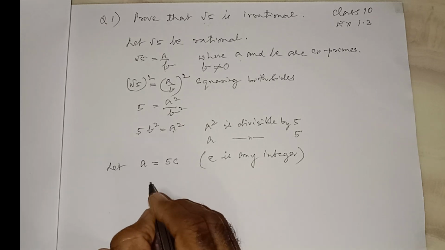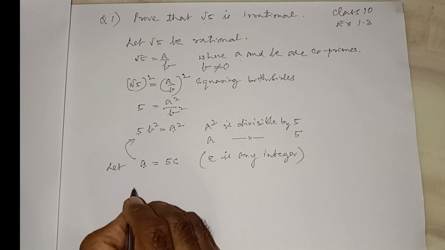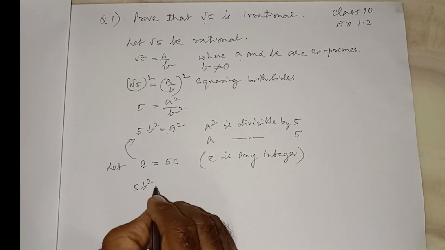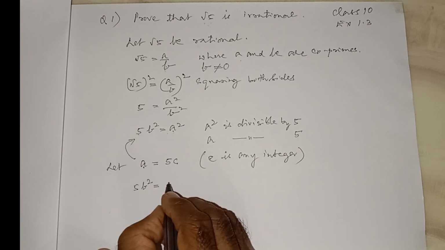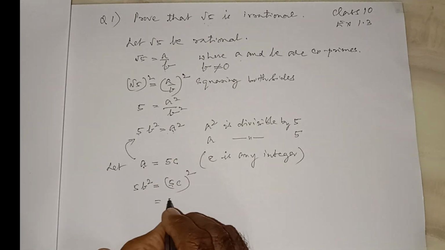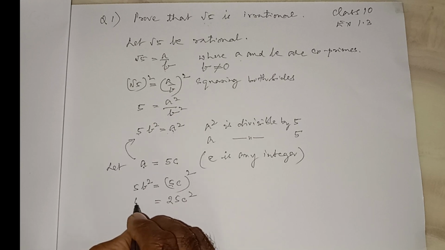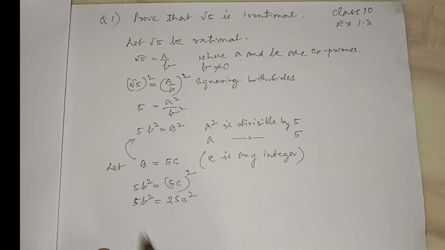What we do now, we will substitute the value of a in this equation. By doing so, 5b square equals 5c whole square. In the place of a, we put 5c and squaring them. This becomes 25c square. 5b square becomes 25c square.